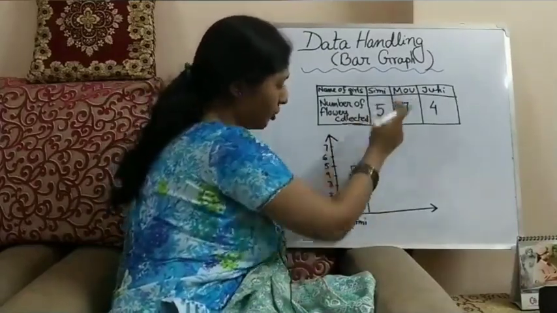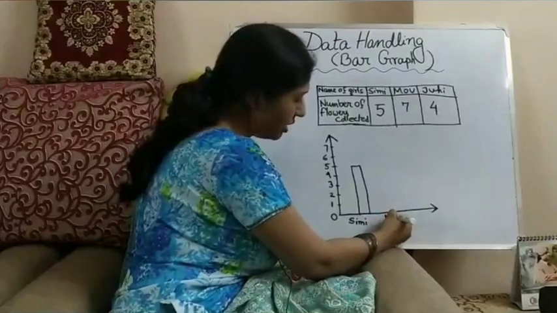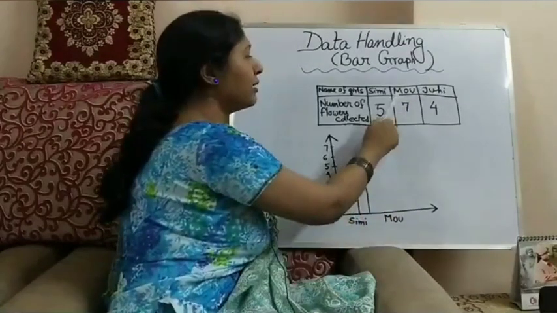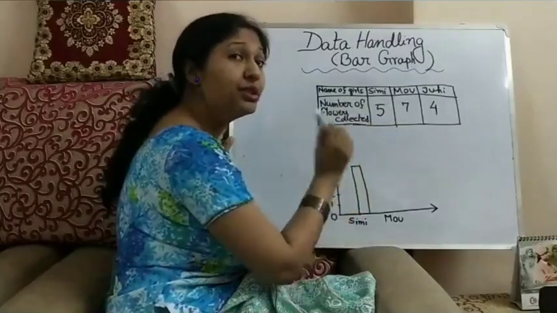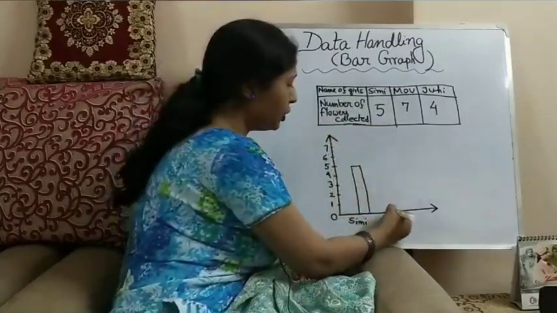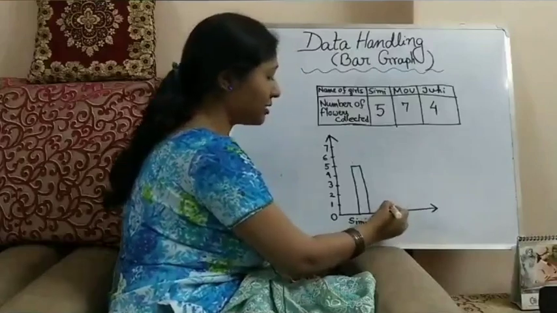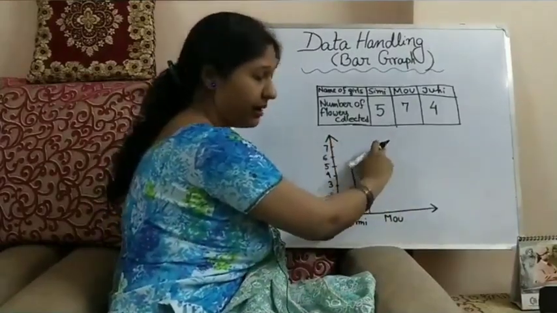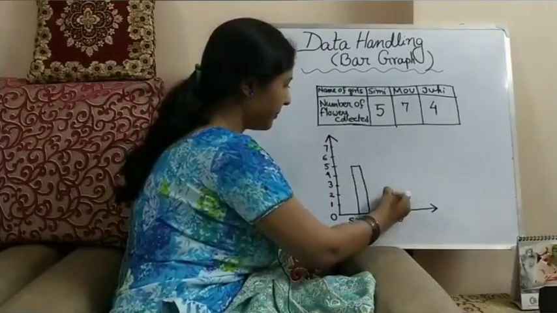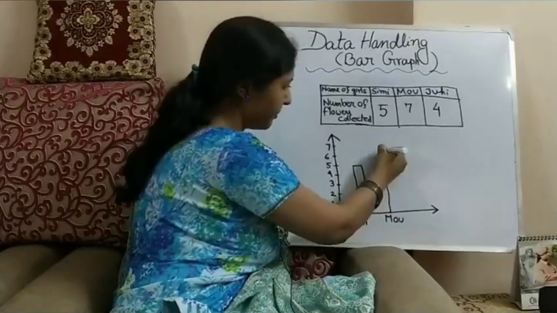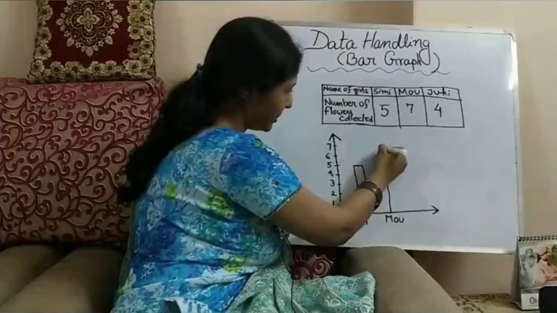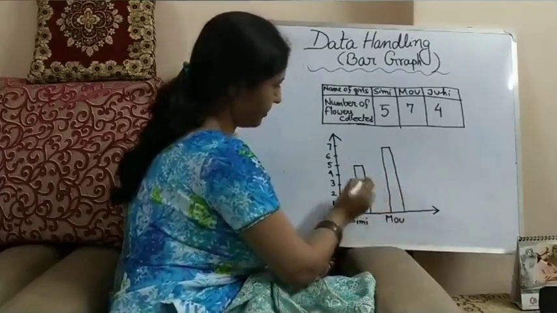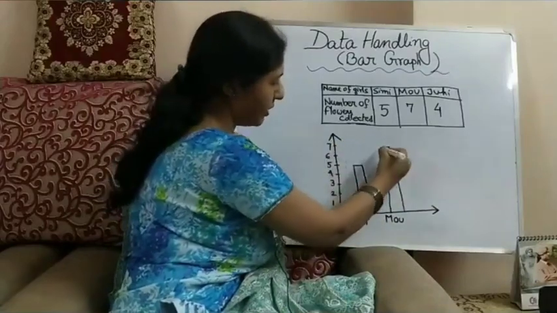Again, Mau, I should write it here, Mau. And how many flowers collected by Mau? That is 7. So we should draw here one rectangle which is parallel to 7.